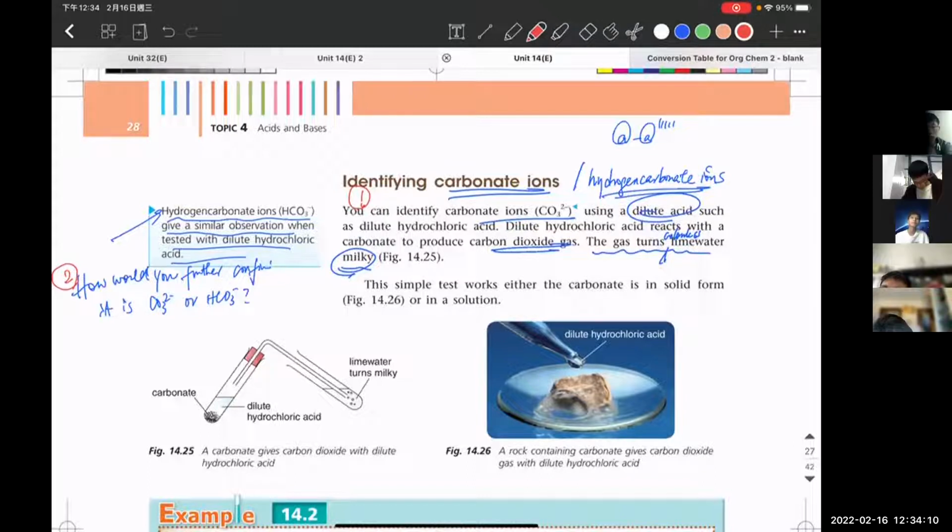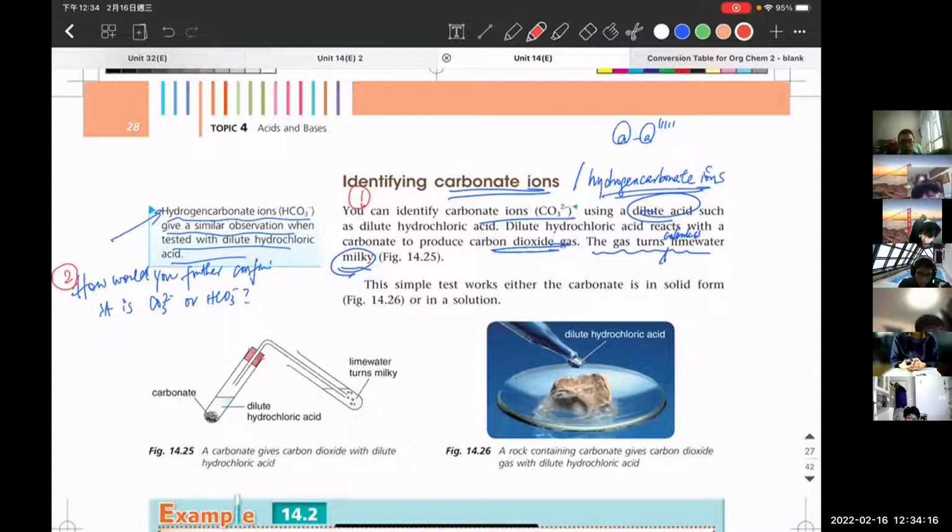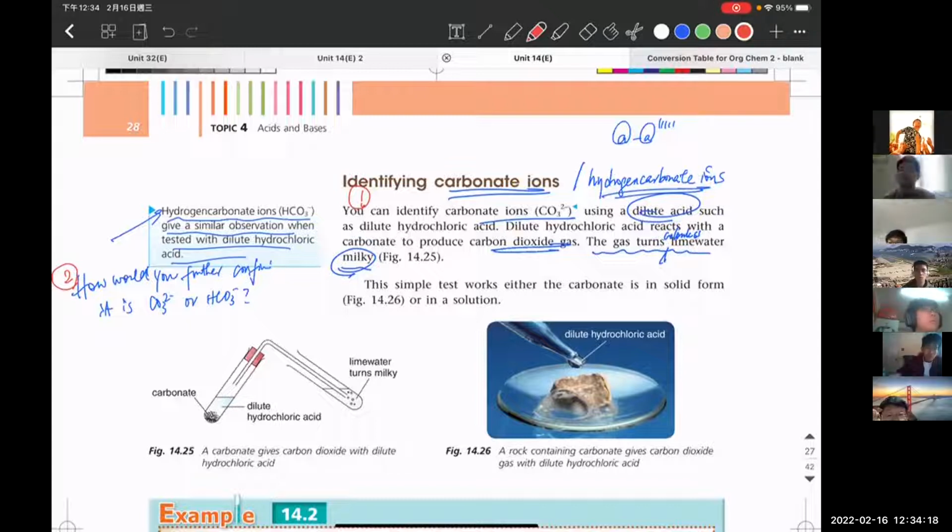Is it aqueous ammonia? Aqueous ammonia. So what is the expected observation? The ammonium ion is given out. Oh, in which case?